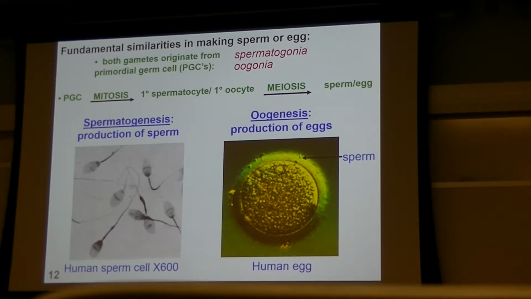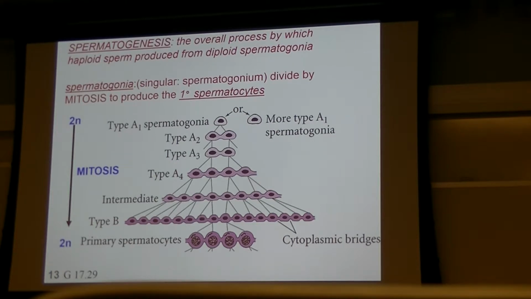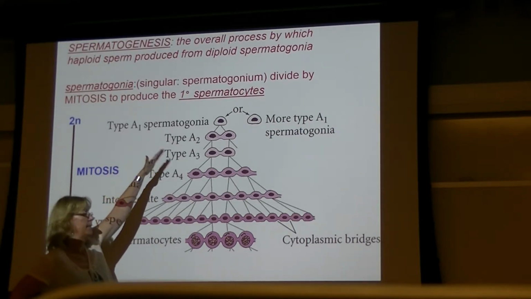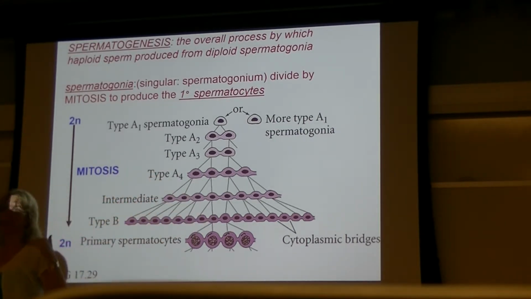Okay, so let's look first at spermatogenesis. And so starting then with primary spermatocytes that have been derived from the stem cells known as spermatogonia, these are now going to start to go through rounds of mitoses, and they do so in synchrony.